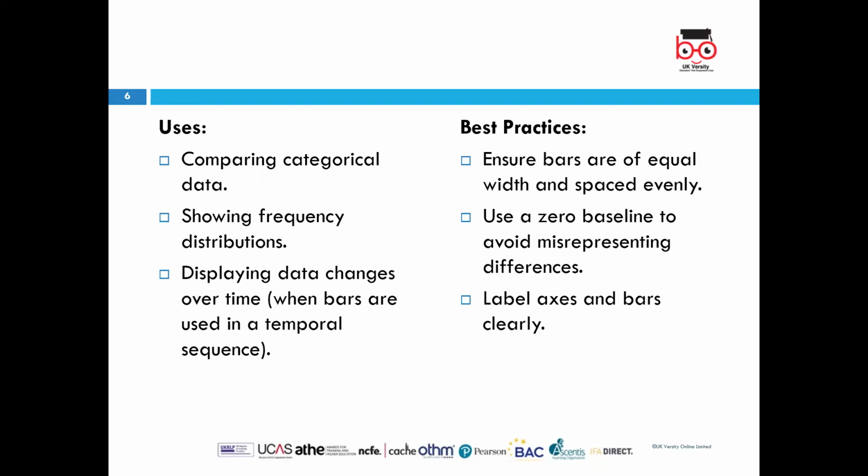With the best practice, this will ensure that bars are of equal width and spaced evenly. Also, we're going to use a zero baseline to avoid misrepresenting differences. And lastly, we're going to label axes and bars clearly.